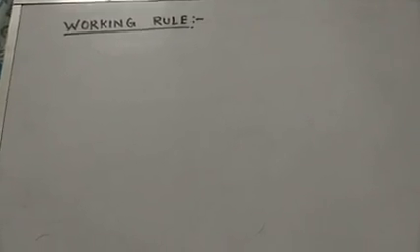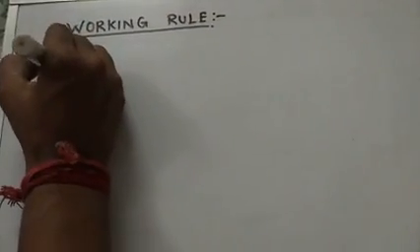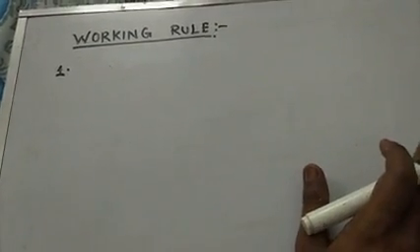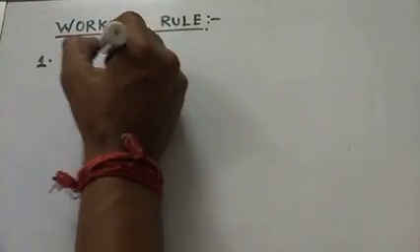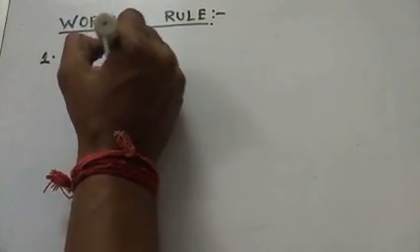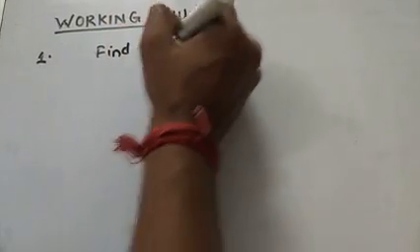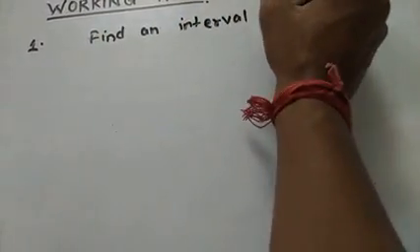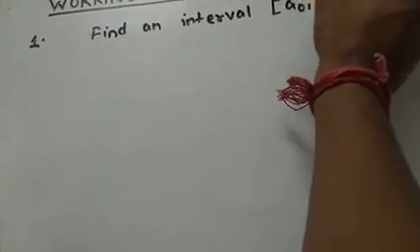Now the working rule. For step 1, the initial step, first of all we have to find that interval where the root lies. And we all know how to find that interval. We have to find an interval a0 b0. Why am I saying that?